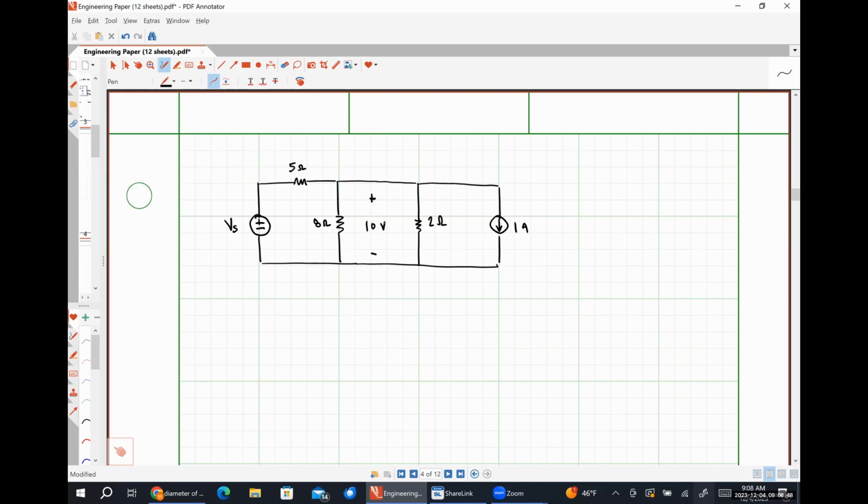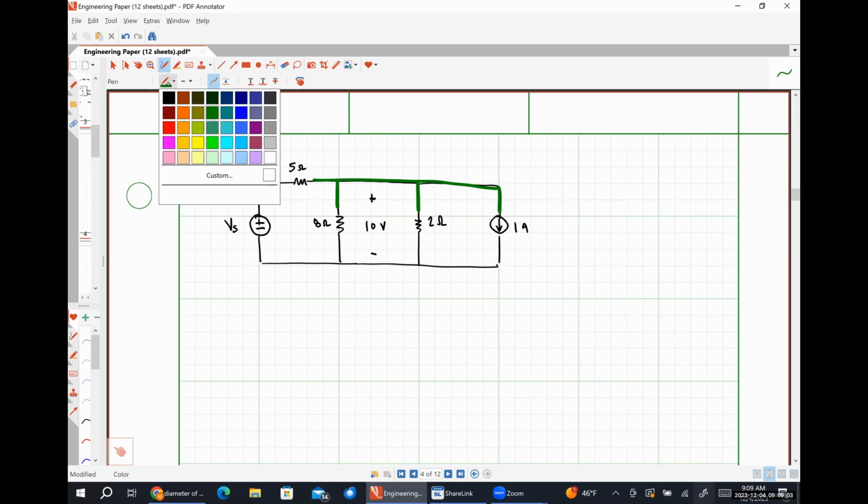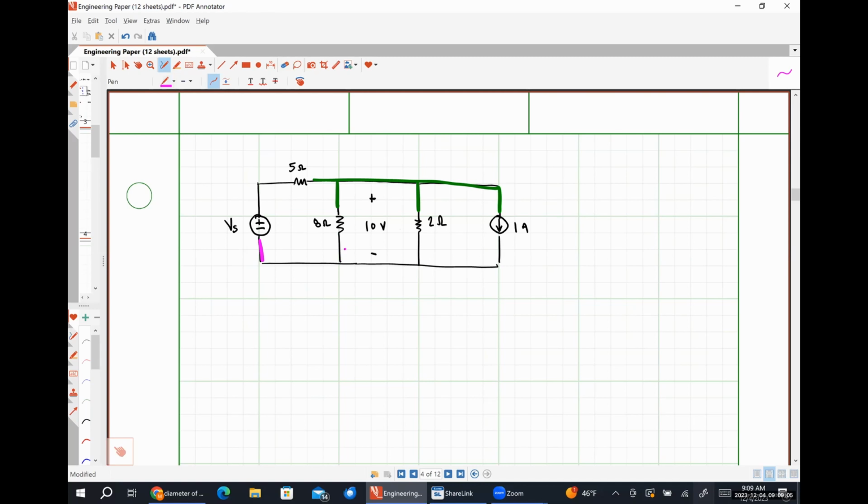So if I know that the voltage drop between, let me explicitly show this, this green node up here and this pink node down here is 10 volts, what can I use that to figure out?